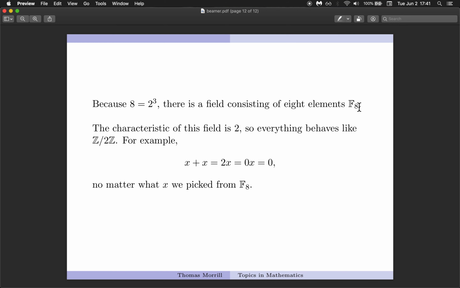I will describe the multiplication table for F8 and show how we can do elliptic curves with stuff like that. And then that's pretty much going to be the end of the new material.